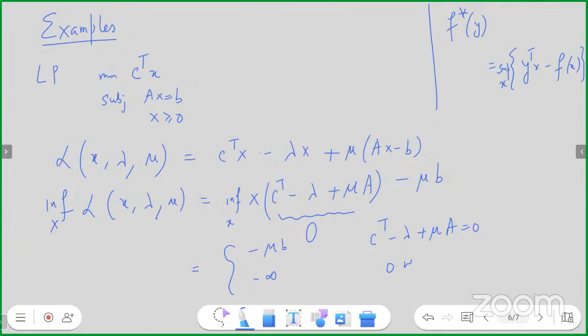How do I get back my dual? This is my primal. What is my dual? And remember, lambda is greater than or equal to 0. That is a constraint here.